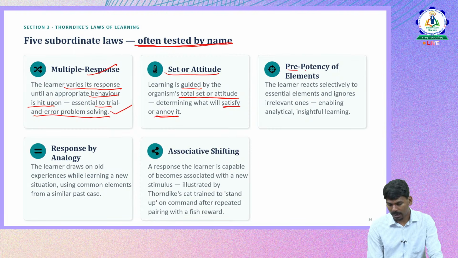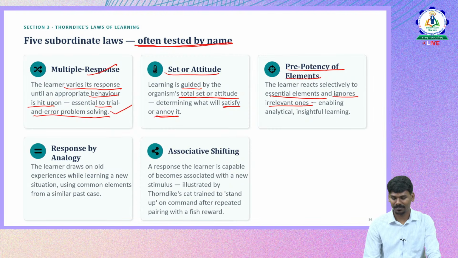Then, prepotency of elements. What is this prepotency of elements? The learner reacts selectively to essential elements and ignores irrelevant ones, enabling analytical, insightful learning. So when a particular skill is learned, they understand what is more necessary and what is not much necessary.